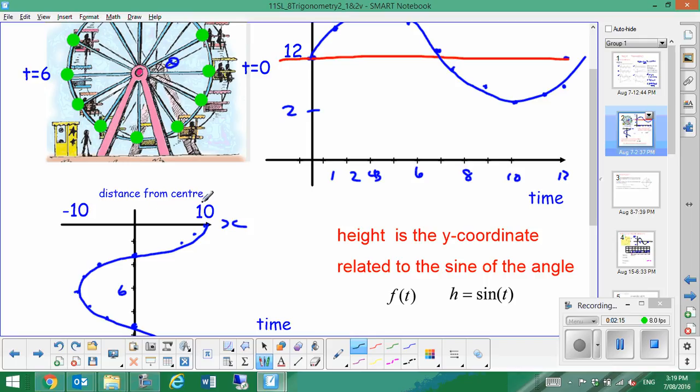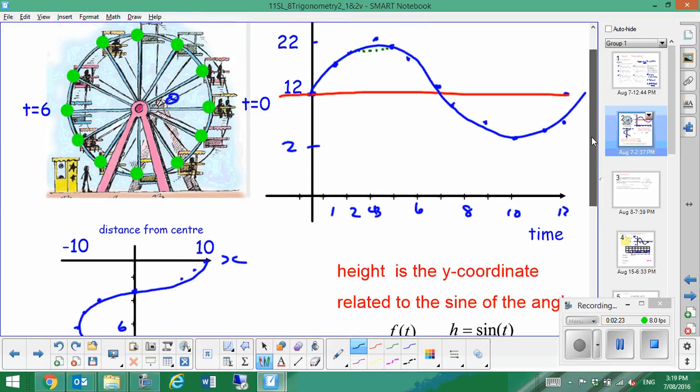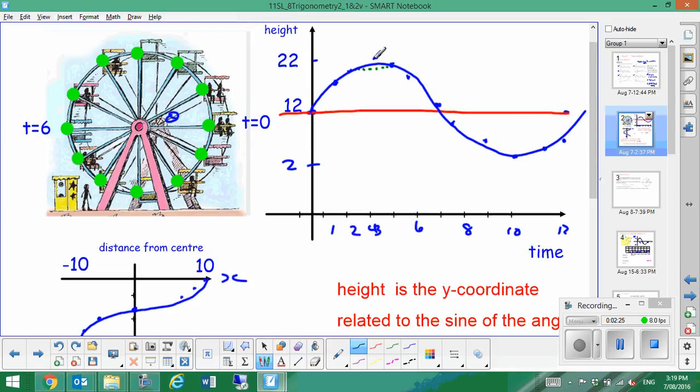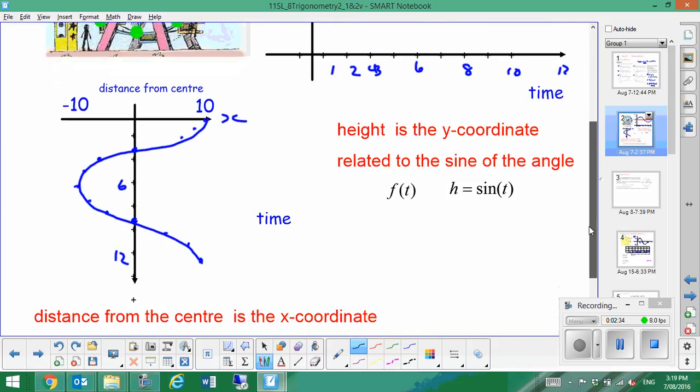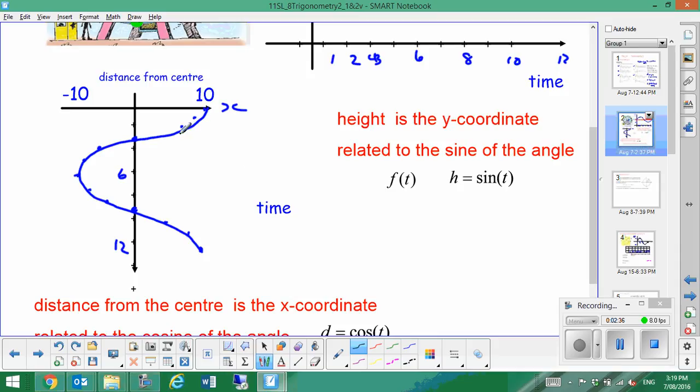So we see the carriage oscillating between these two values of plus and minus 10. And we saw that for the vertical perspective, the carriage was oscillating between plus 2 and plus 22 as it goes up and down. So for the horizontal one, we saw that oscillation.